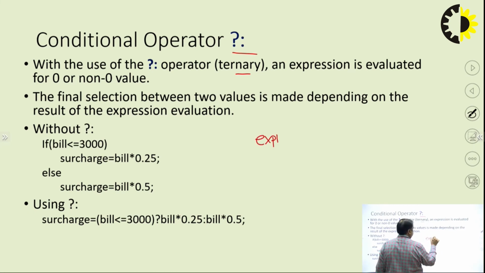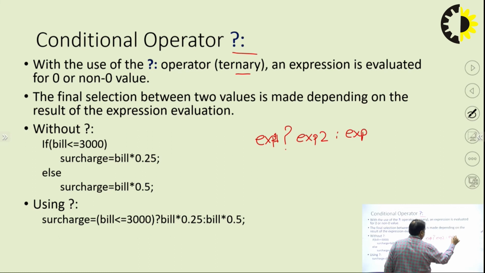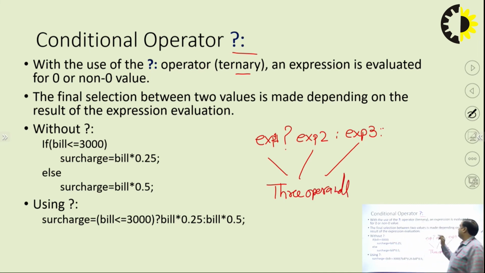expression 1 question mark, expression 2 colon, expression 3. So these are the three operands. That's why we are calling it a ternary operator. In this operator, one expression is evaluated for 0 or non-zero value, that is basically for Boolean values.